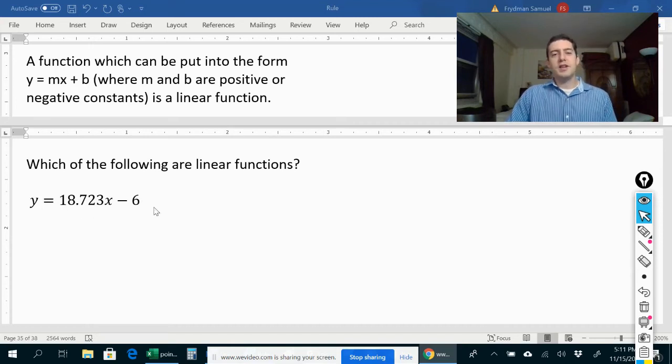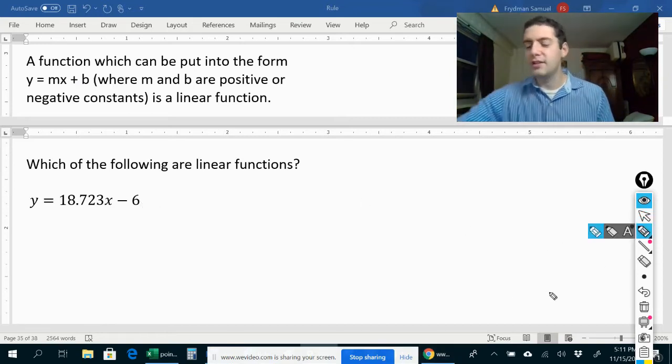A lot of people would say that this is already in slope-intercept form, and most of the time, I would even say that this is in slope-intercept form. But if I'm being really technical about it, then instead of this minus symbol here, I would want to see a plus symbol. But that's okay. I can fiddle with this to get a plus here, because I know that minus 6 is the same thing as plus negative 6.